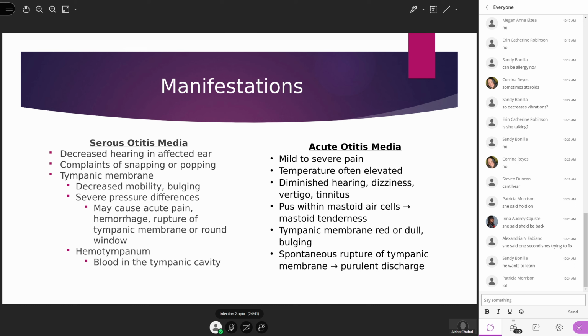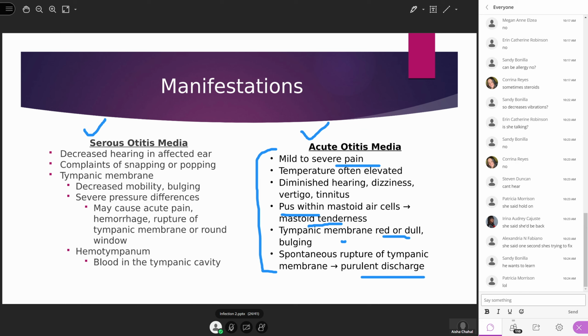Manifestations of acute otitis media are, as you can imagine now that you have a clear understanding of what serous and acute otitis media are, pretty much the symptoms of infection. Temperature and WBCs are going to be high, there is pain, and plus there will be mastoiditis, so tenderness will be there, and the tympanic membrane will be red because of the infection, with purulent discharge.